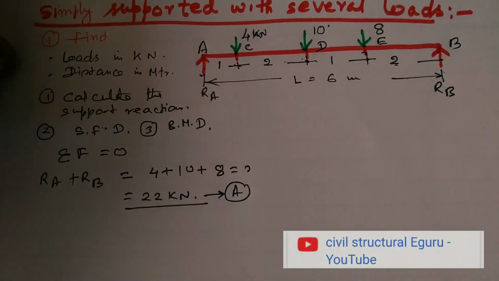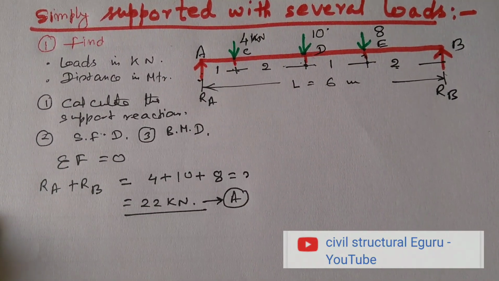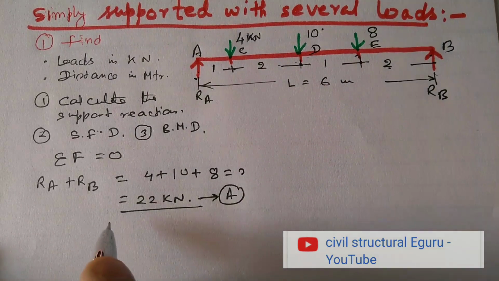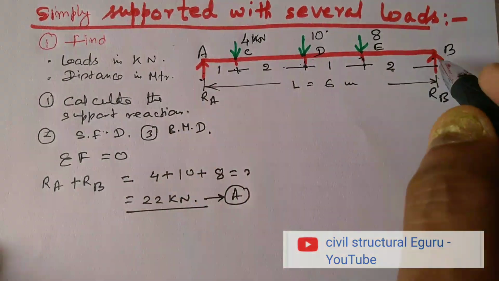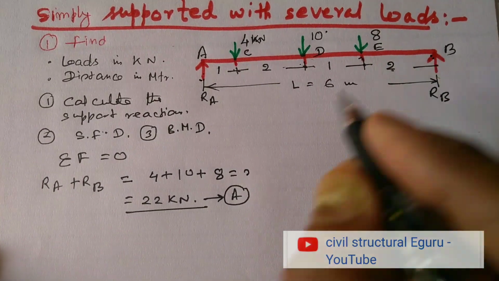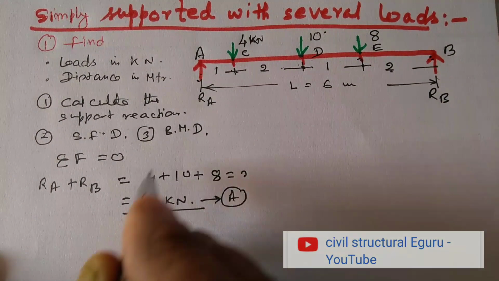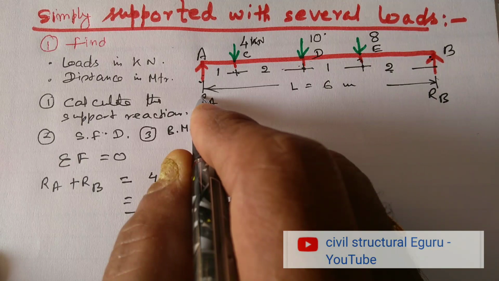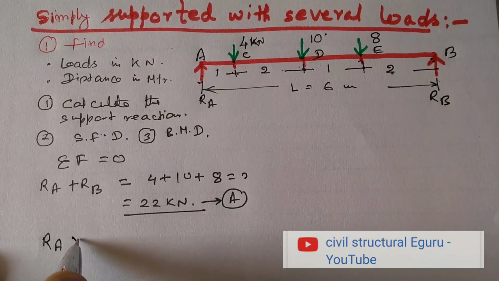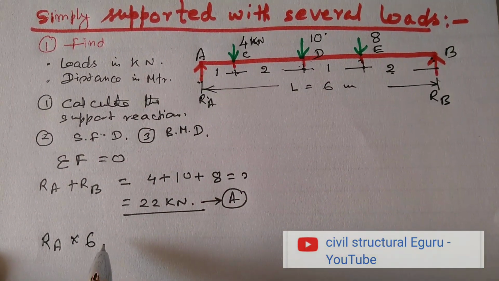Then for the support reactions, you have to calculate the bending moment at the point B. Suppose RA into distance 6 meter.